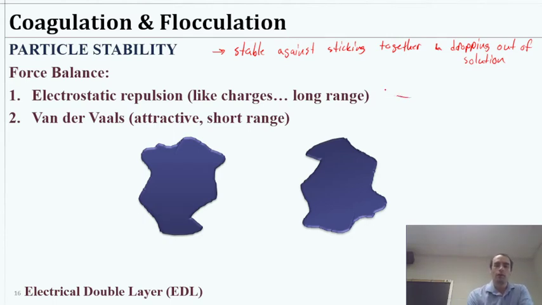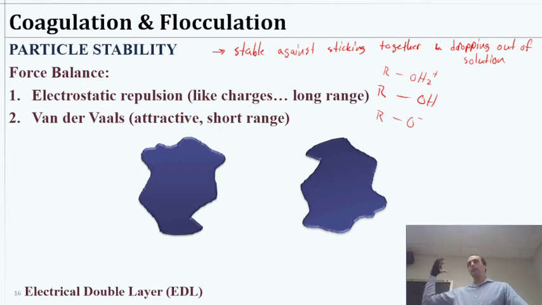So, for example, some molecule R might have an end group that has an OH on it, and you could consider a case where it loses the H or potentially even gains an H. That particular one might not be the most accurate, but you can imagine cases where you have positive or negative.